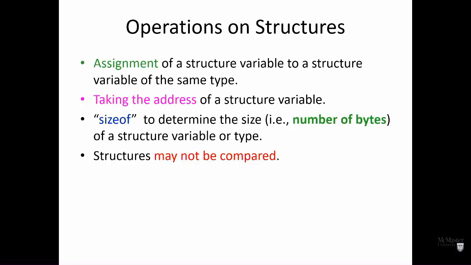And another thing we have already seen is taking the address of a structure using the AND operator, right? And then sizeof. I told you before that the sizeof operator operates on data types. You can say sizeof float, and we have seen this in the malloc function, when you allocate memory for an array of floating points, right?